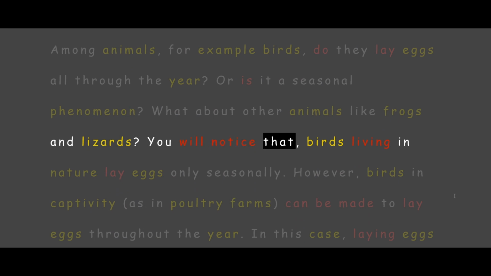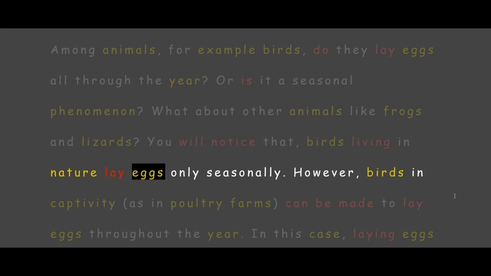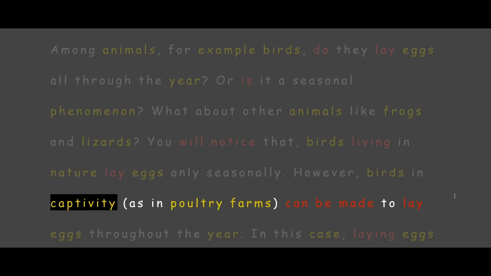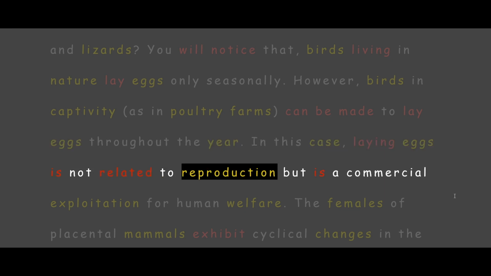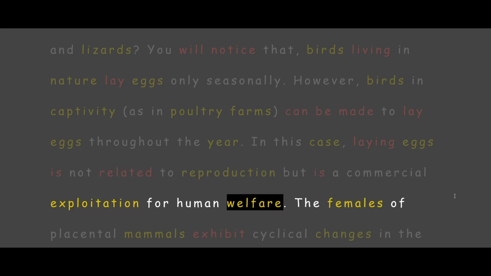You will notice that birds living in nature lay eggs only seasonally. However, birds in captivity, as in poultry farms, can be made to lay eggs throughout the year. In this case, laying eggs is not related to reproduction but is a commercial exploitation for human welfare.